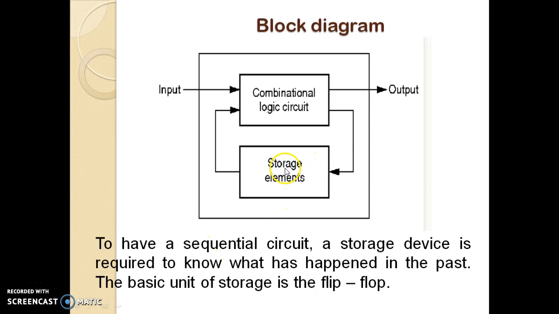This storage element is required to store the information of the output, because the output of a sequential logic circuit depends on the input at that particular instant, plus the previous condition of the output as well as the current condition of the output. So the sequential logic circuit needs a storage element which stores the data or information that has happened in the past.